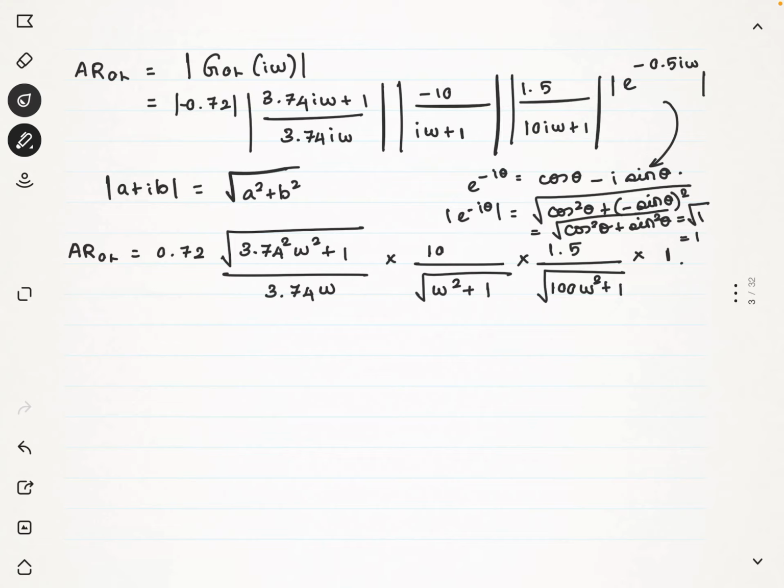It will be 1. So always when we are taking the modulus of the e power minus I theta term, we'll be having 1. So we'll be needing this result for the subsequent problems as well. So I've just shown the explanations here. So this is our amplitude ratio.